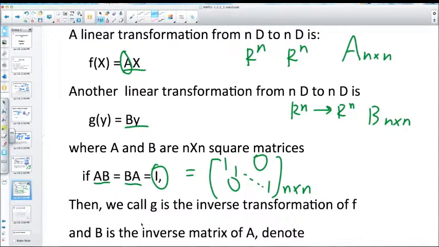Then we're going to call the matrix B the inverse of matrix A, and the corresponding transformation G is the inverse transformation of F. When I say transformation, you can look at it from a geometric point of view, like a rotation or reflection. If I say matrix, you can think about the algebraic expression. Well, let's look at examples.